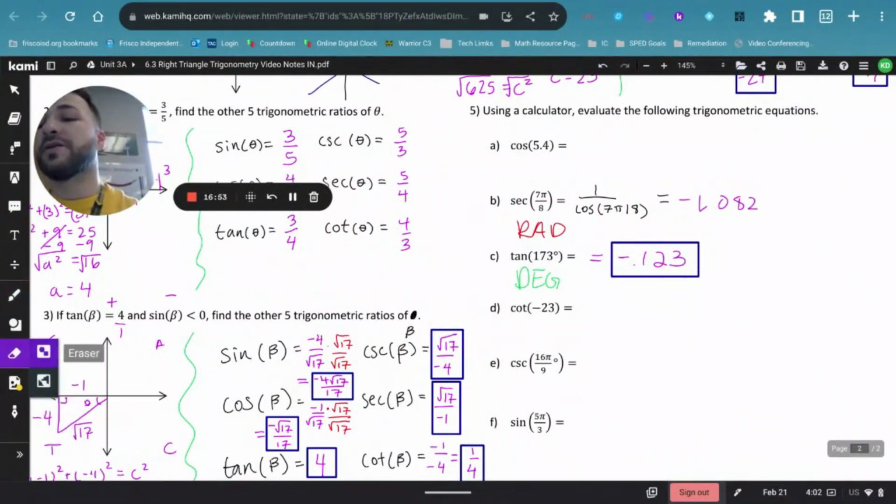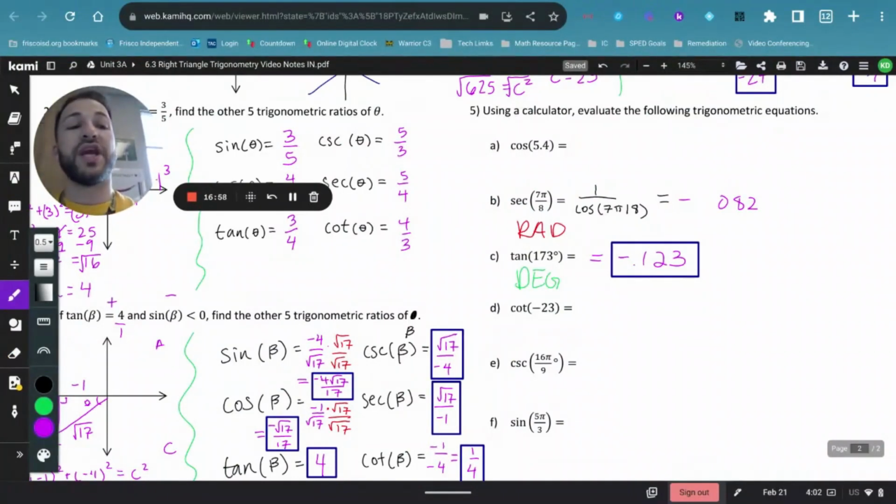And then beyond just being in the correct mode, if it is a reciprocal trig, then you need to change it to its original by doing the 1 over, and that way you can type it into the calculator. So go ahead and practice A, D, E, and F. Pause me now, and then you can check your work here in a second.